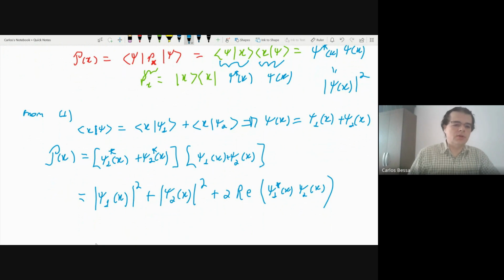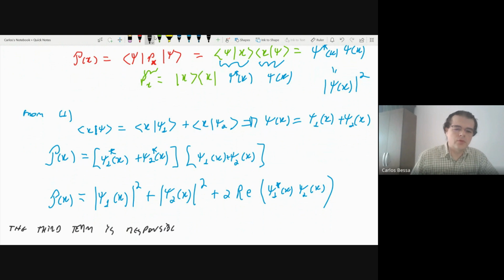So this is the probability, that's this expression. And just to finish, the third term is responsible for the interference when both slits are open.